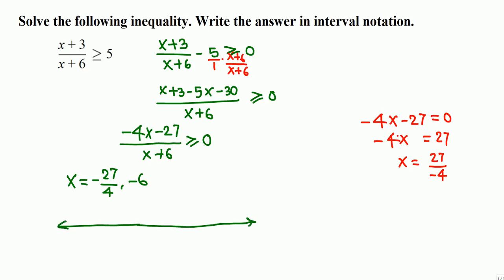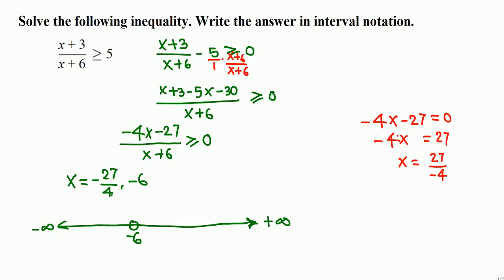Here is the number line, negative infinity through positive infinity, and negative 6 is coming from the bottom, so this will always be a circle. When we write the answer in interval notation, we must use parentheses, not the bracket. We cannot have 0 on the bottom. Something divided by 0 is always undefined.